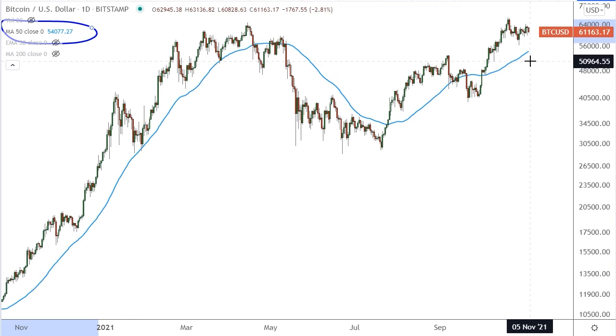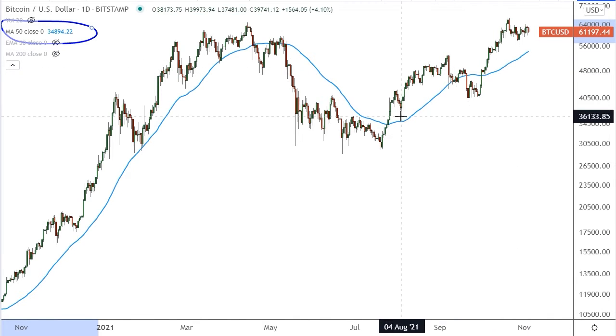Tomorrow, when the new price action takes place, that number is going to be a little bit different because you're going to be rolling off one of those numbers and adding another number to it. So that's the 50-period moving average. It's basically an average over the past 50 periods.